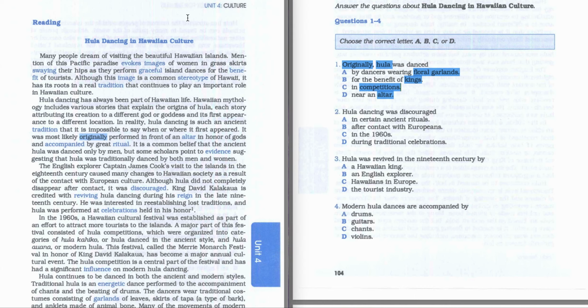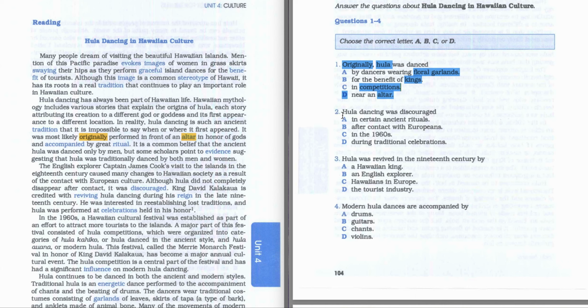We found our keyword, and it says that originally hula dancing was performed in front of an altar, because it became a ritual. So let's highlight this word, and it's going to be the answer to our question. So our answer is going to be D. Let's highlight it and let's go further.